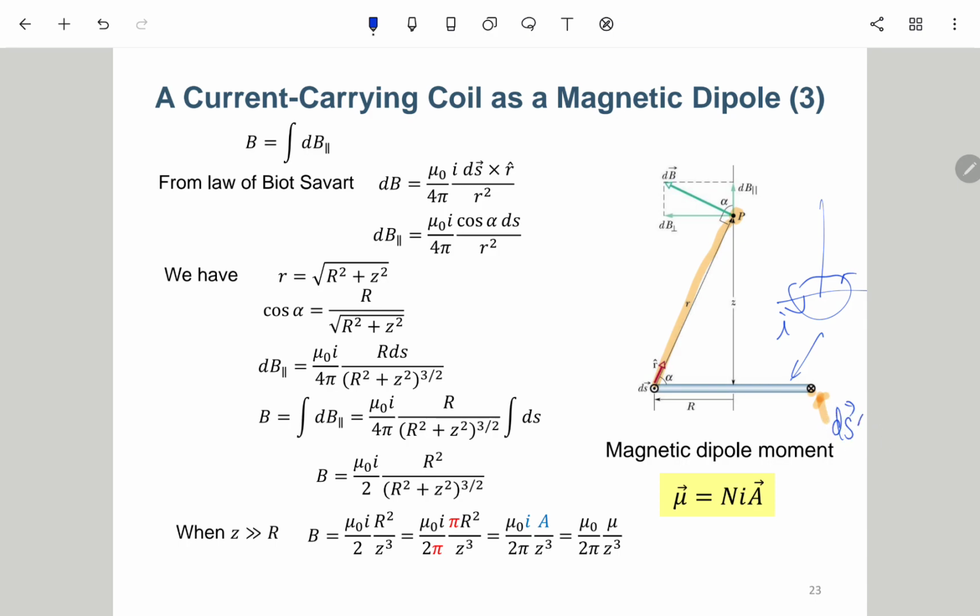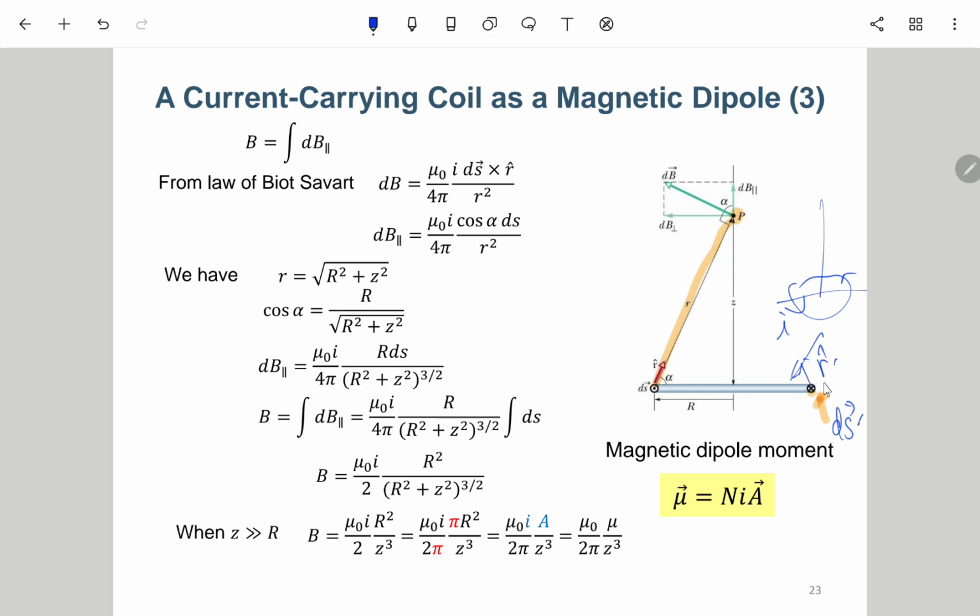or maybe ds prime, what is the dB prime generated by this part, so that we can determine whether the perpendicular component counts, or whether the parallel component counts, or whether the other components cancel. Okay, so let's see. This is ds prime, and this is the r hat, maybe r prime hat for the ds prime.